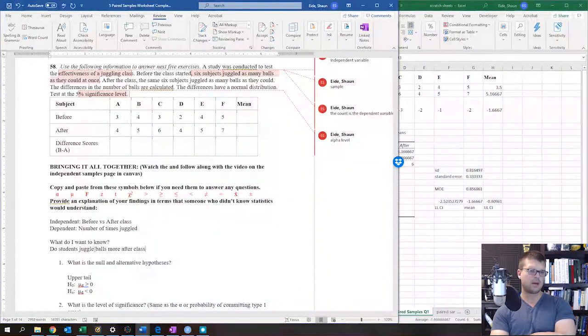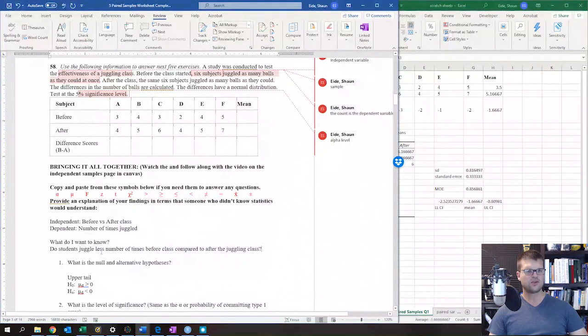But the problem with this is the first variable, before, is the one that we're actually writing the hypothesis for. So what we really need to be writing is, do students juggle less number of times before class compared to after the juggling class?